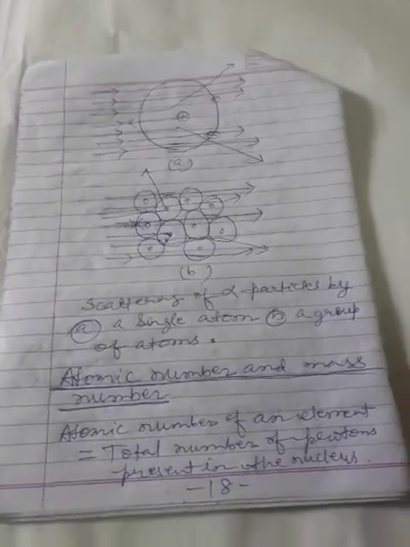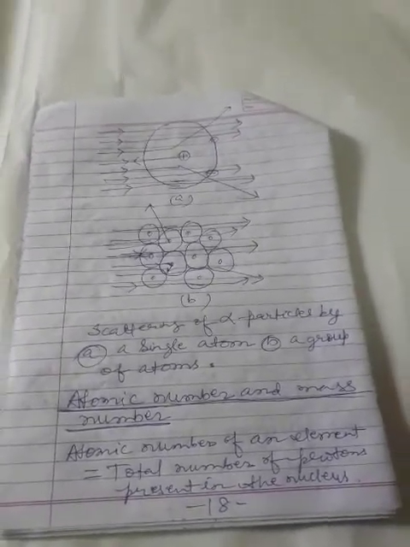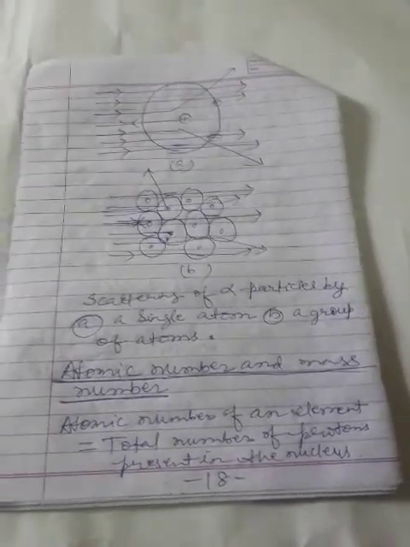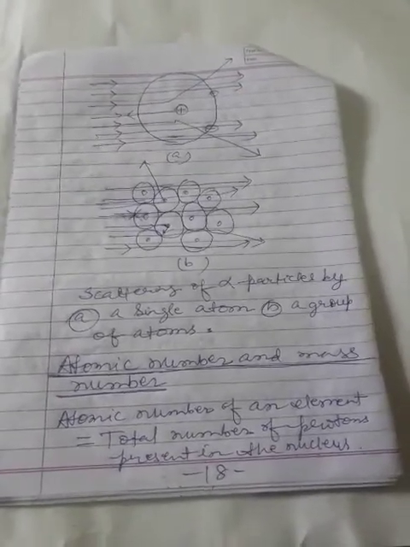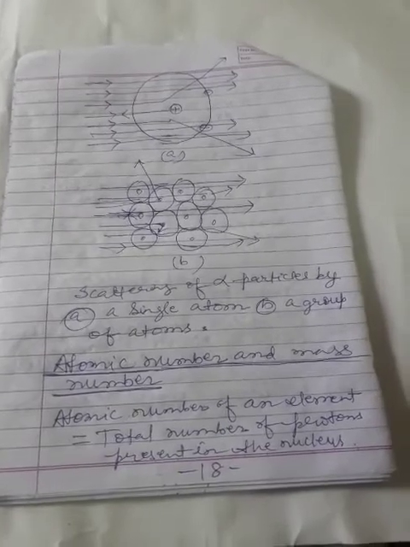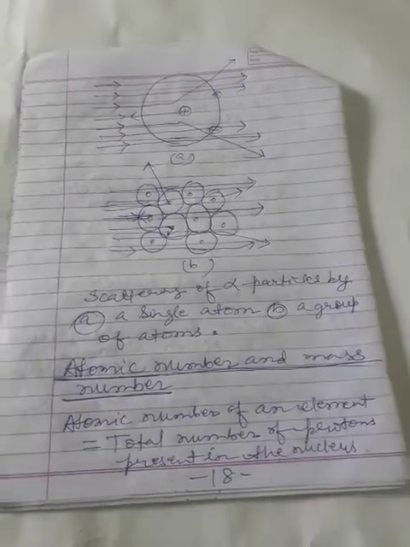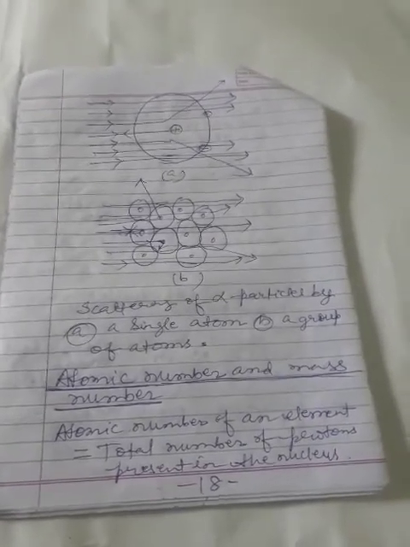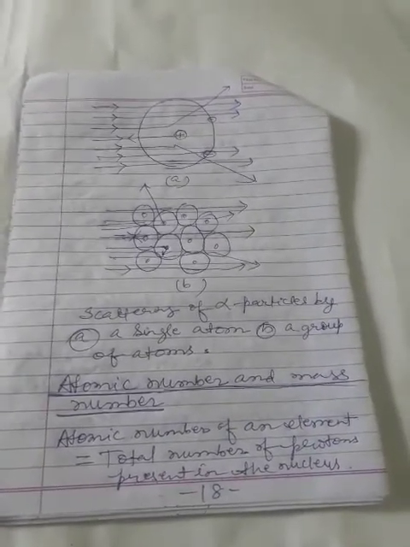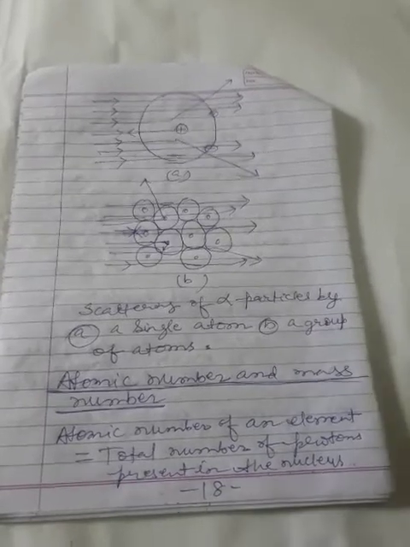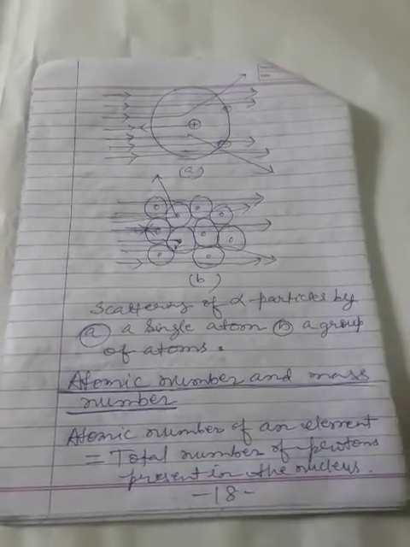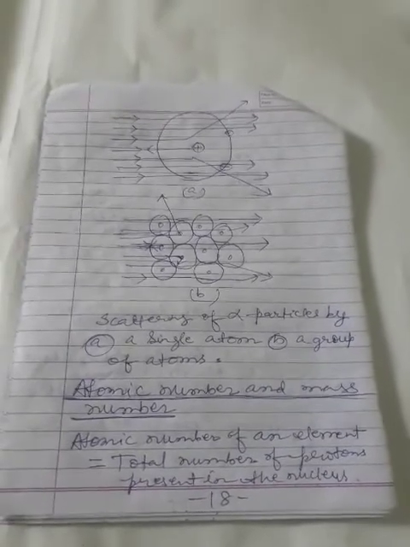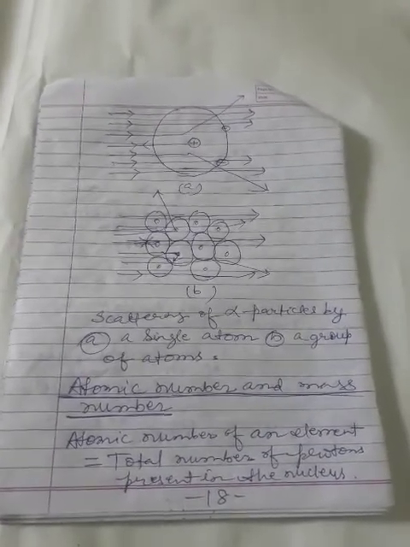Now, what are atomic number and mass number? Atomic number is the number of protons present in the nucleus of an atom. We can say that the number of electrons is also the atomic number in a neutral atom. In a neutral atom, the number of protons is equal to the number of electrons.